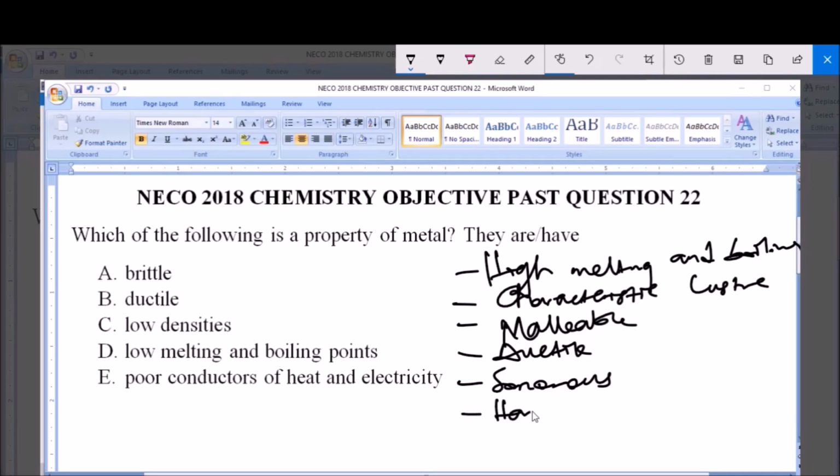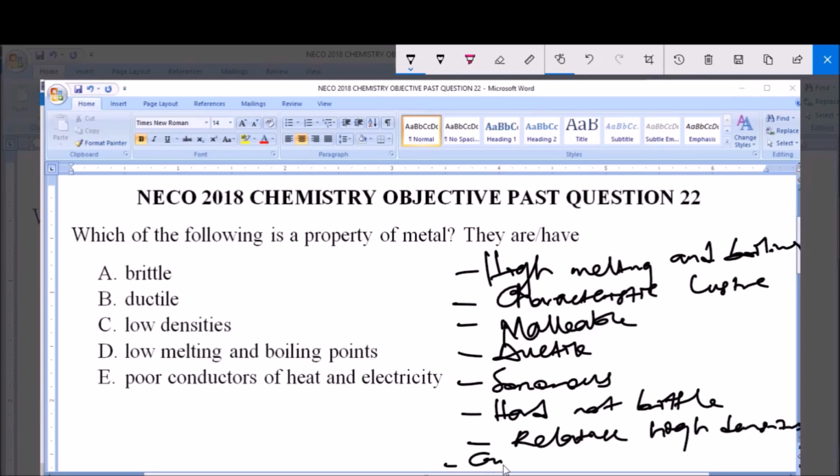Metals are hard and not brittle. Metals have relatively high density when compared to other elements. And metals are good conductors of heat and electricity.